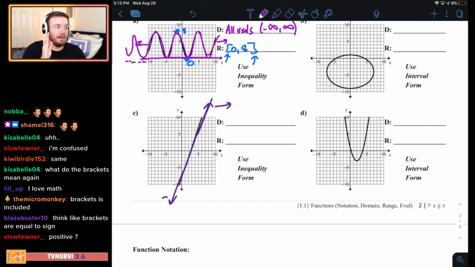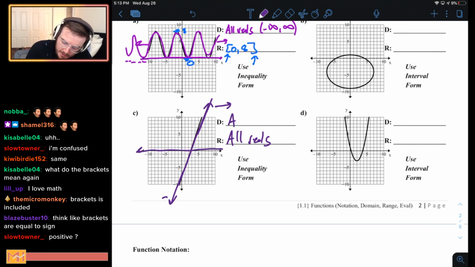So it's going forever up and forever down. So the range, the y values, is all reals. And as it goes forever to the right and forever to the left, it's going to hit all reals for your x values. So that is all reals.